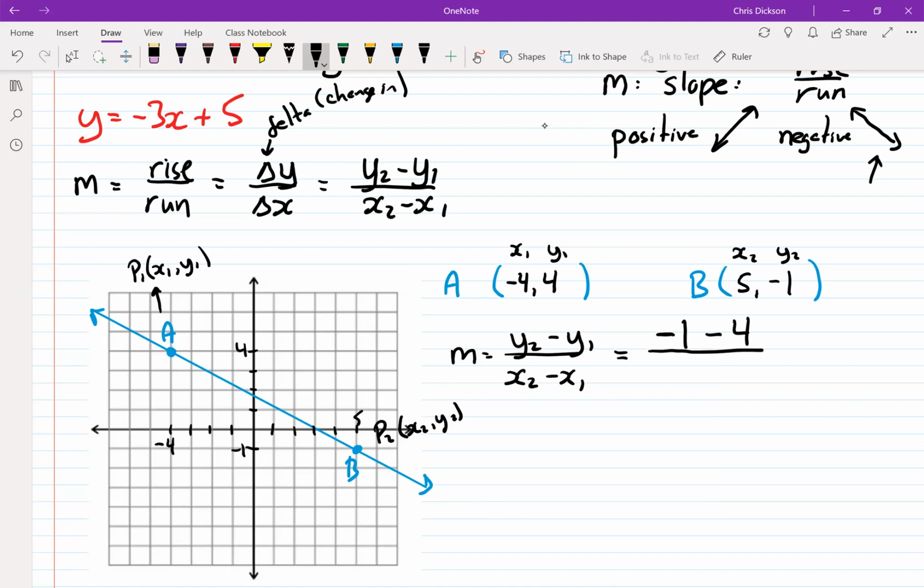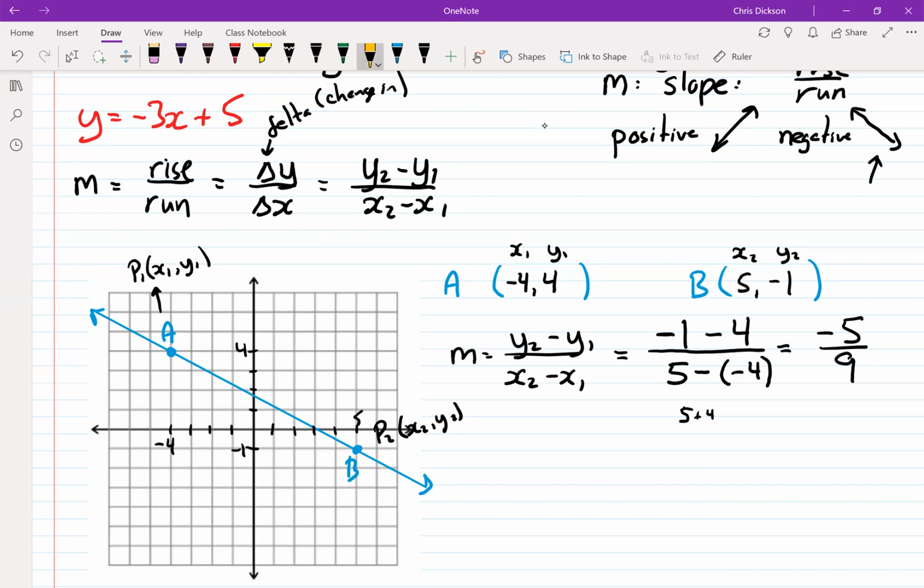And now I take x2, which is 5, and now I minus x1, which is -4. And so I get -1 minus 4 is -5, all over, this would be 5 plus 4 now, because you're subtracting a negative, which would be 9. Which means my graph should go down 5 over 9.